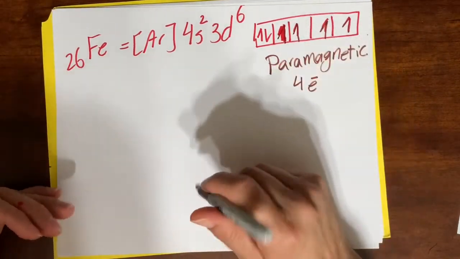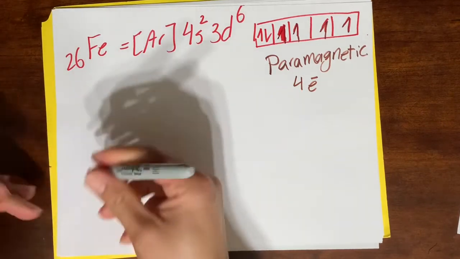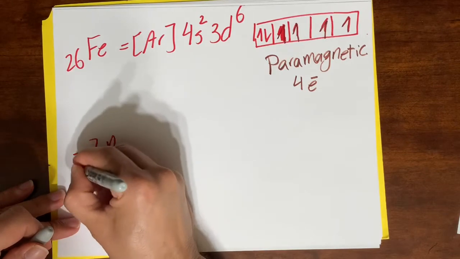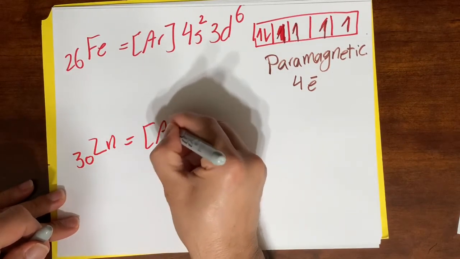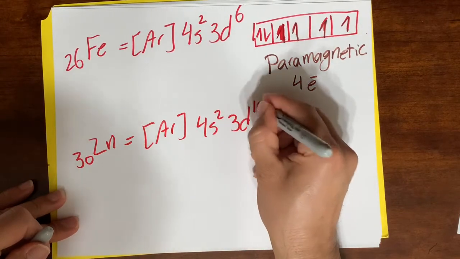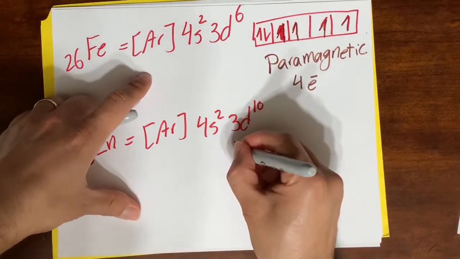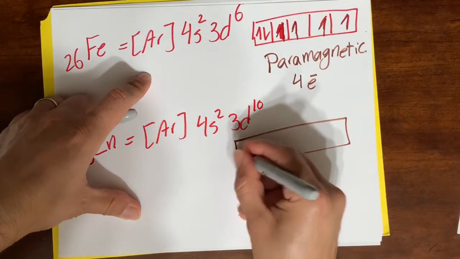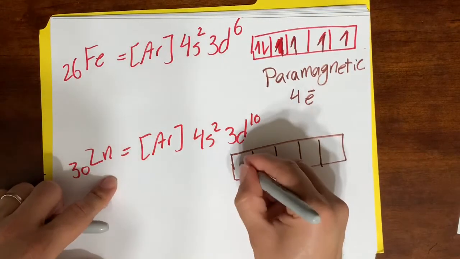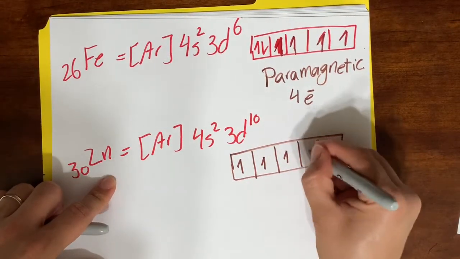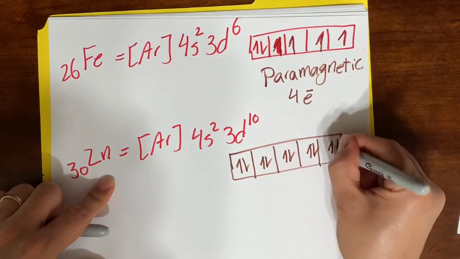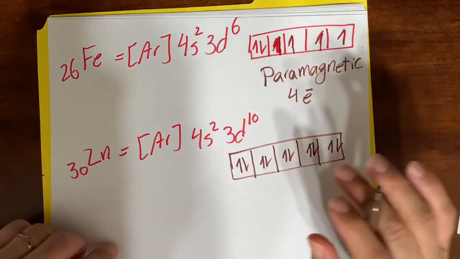But if you write the electron configuration for zinc, it will be argon 4s2 3d10. The last orbital, which is the d orbital, is completely full. We don't have unpaired electrons.